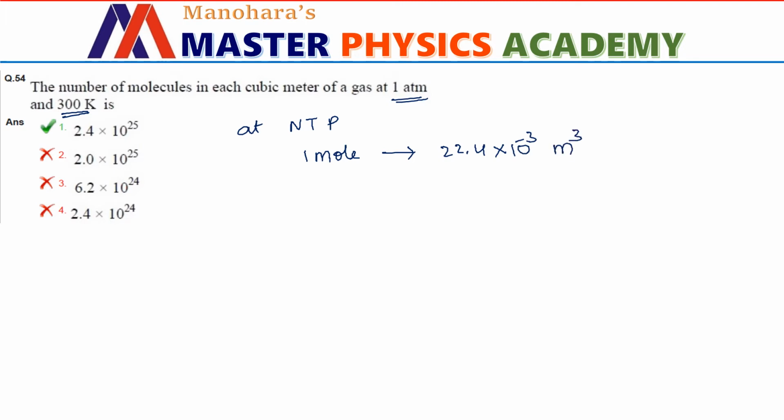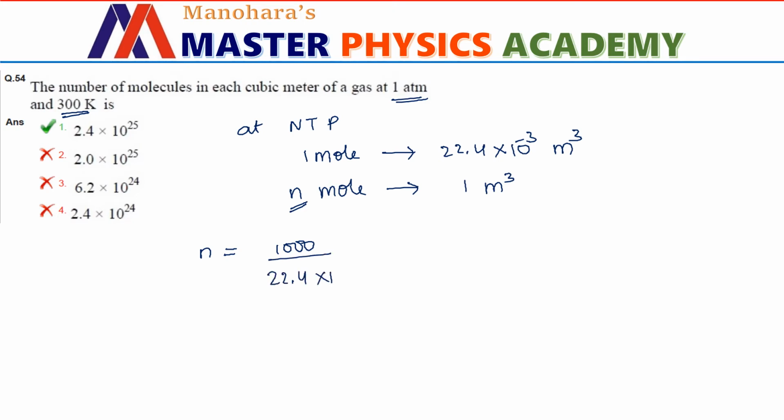Now let us consider n moles of substance occupying 1 meter cube of space. So we need to find the value of n. Cross multiply, and you will get n equals 1 divided by 22.4 into 10 power minus 3.